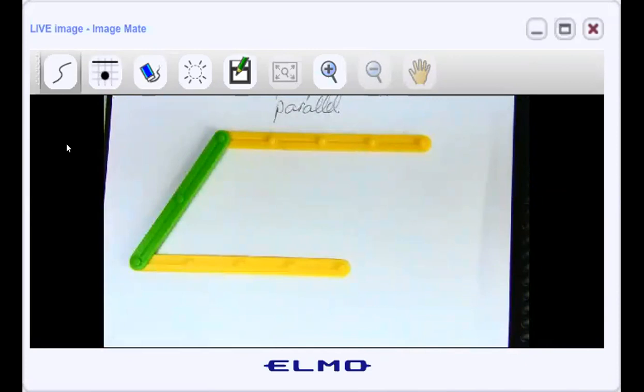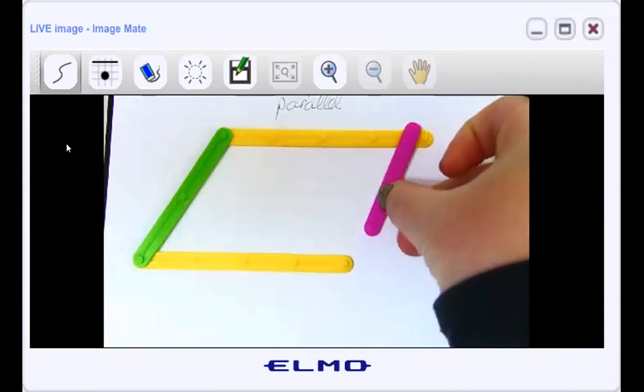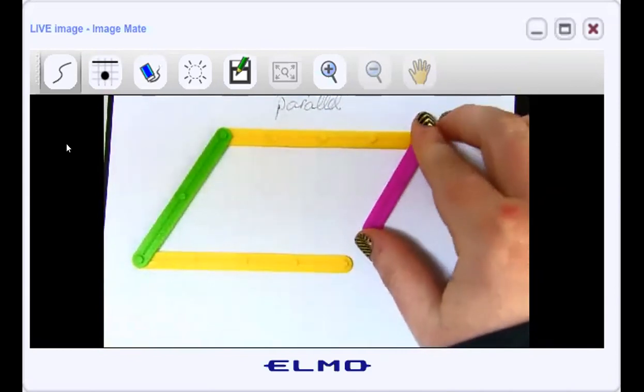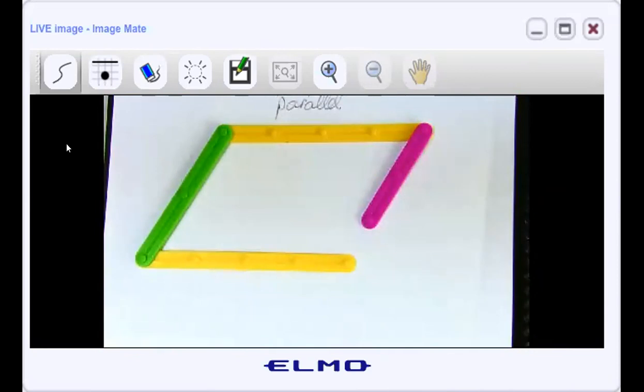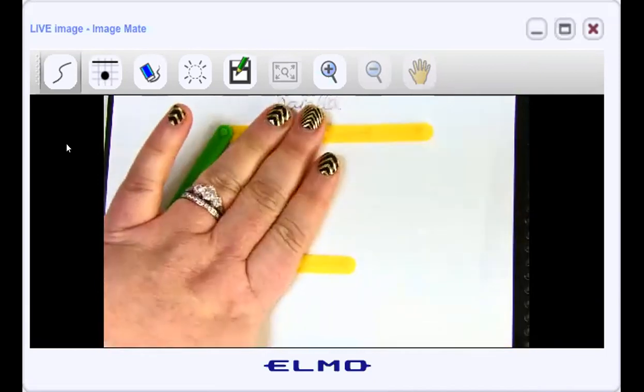So let me try. Let's take this pink one, right? I can make the pink one parallel to the green one, but it's never going to connect. The only way it's going to connect is if it is the exact same length.